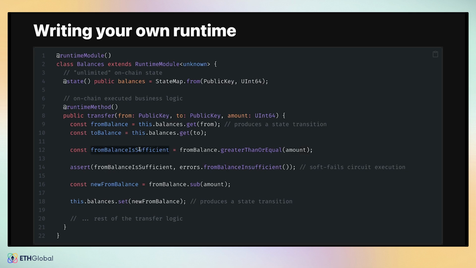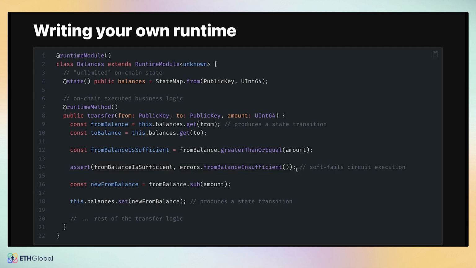One important thing here is to note that we cannot use assert APIs from o1js because we don't want this on-chain execution to fail forcefully. We want to fail it in a silent manner that can then be processed by the protocol. So we use a custom assert API that's available from Protokit. So you assert that the from balance is sufficient, and if it's not, you will throw an error that the balance is insufficient.